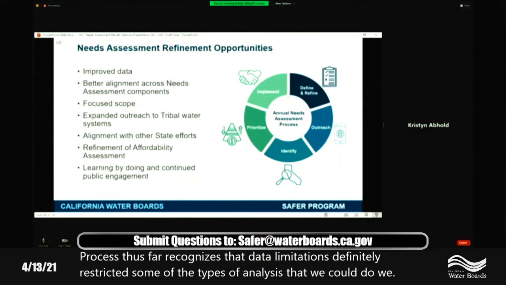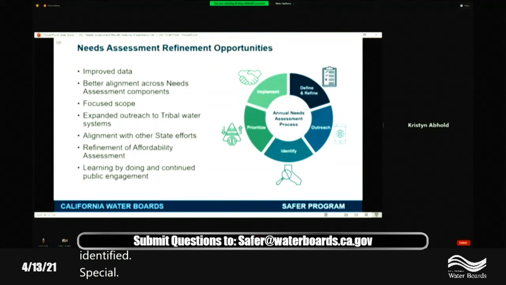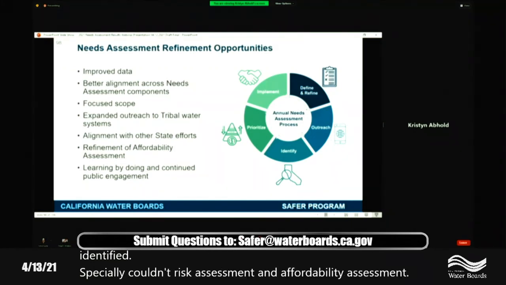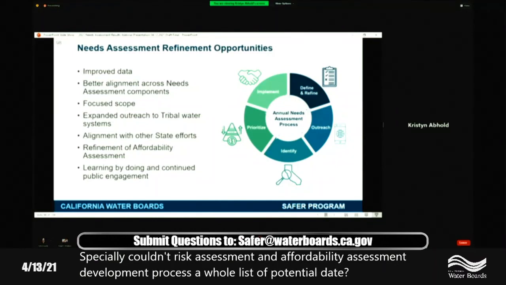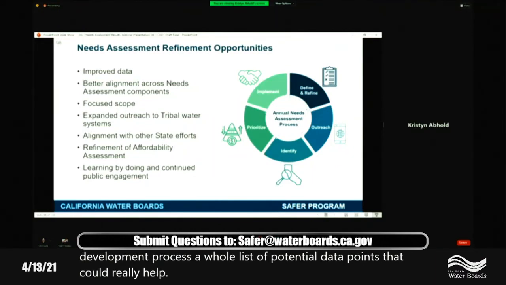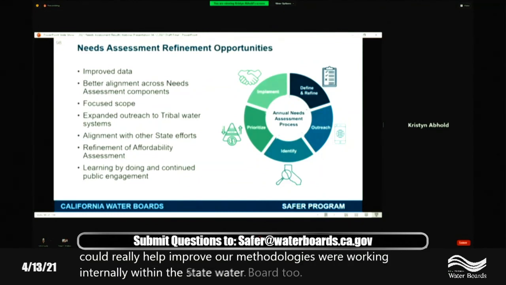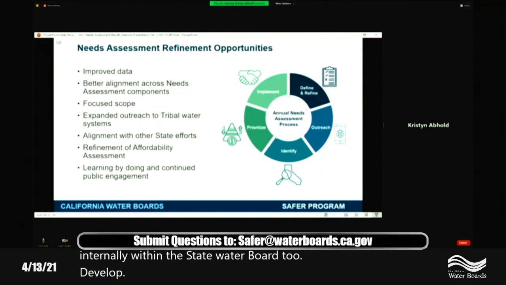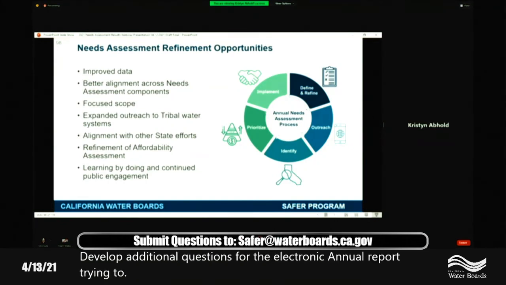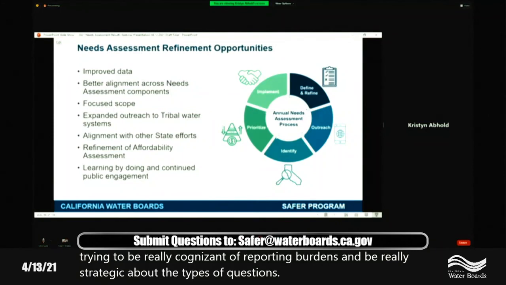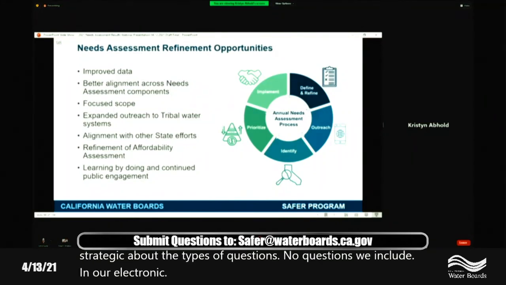We have identified, especially through the risk assessment and affordability assessment development process, a whole list of potential data points that could really help improve our methodologies. We're working internally within the State Water Board to develop additional questions for the electronic annual report, trying to be really cognizant of reporting burdens and be really strategic about the new questions we include in our electronic annual report for water systems.